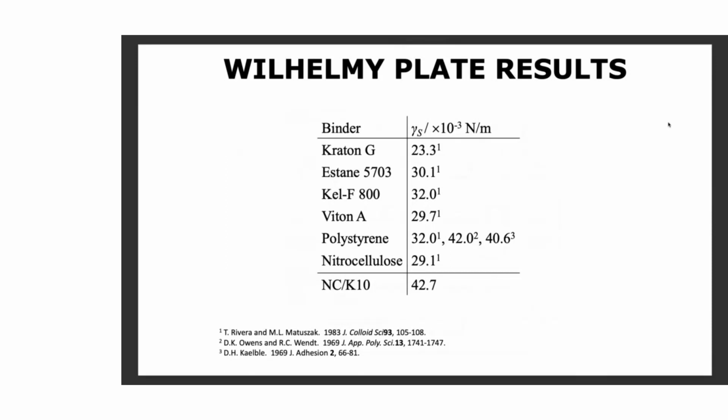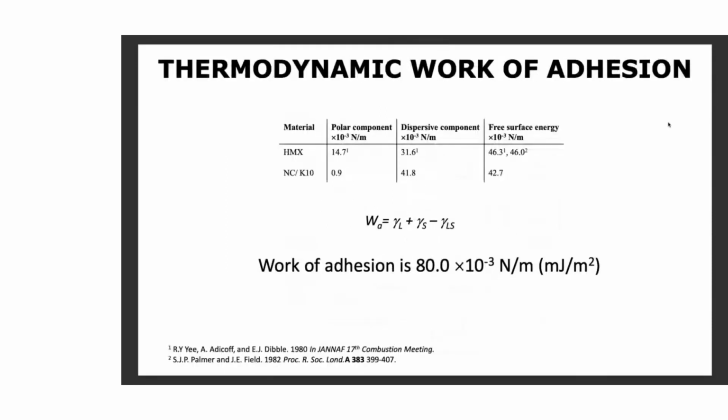This allowed us to work out, knowing the surface properties of the HMX, that the work of adhesion is around about 80 millinewtons per meter. So what this allows us to understand is the energy term we need to attribute to the binding of the polymer to the crystal. So that was a term that was worked out at room temperature.